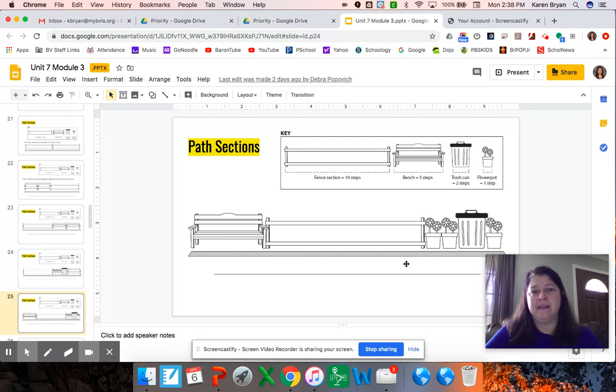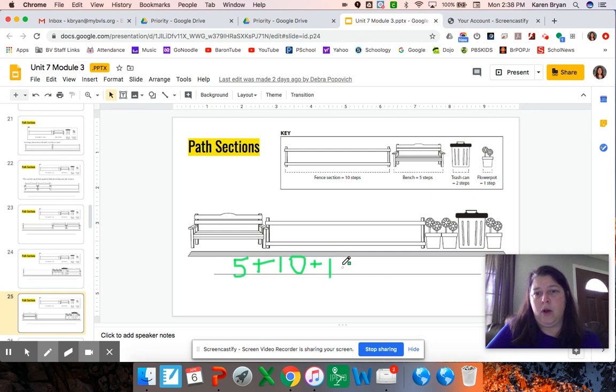Here's another path section. How much is that bench worth? That bench is worth 5. How much is the fence worth? That fence is worth 10. How much are our flower pots worth? Remember, we have to count them each as a 1.